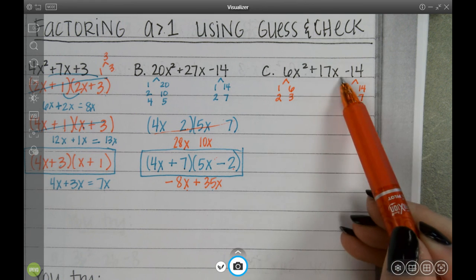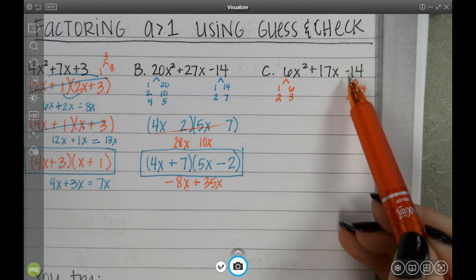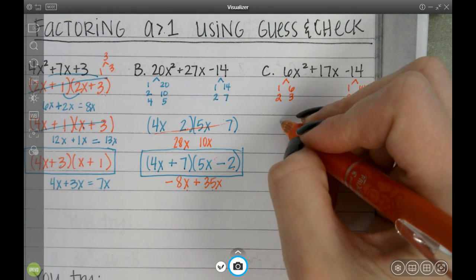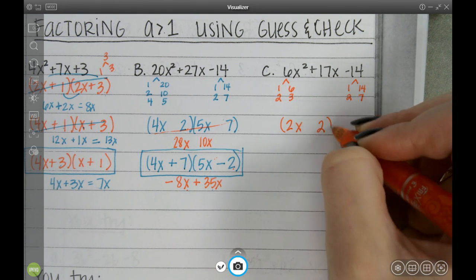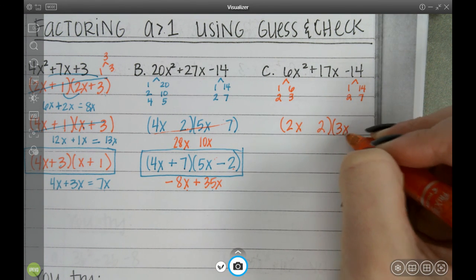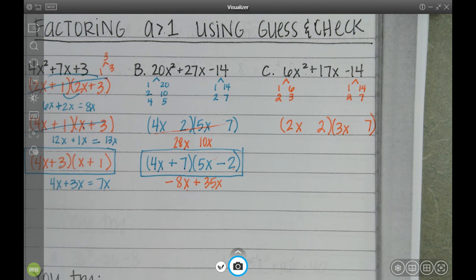Again, my signs are opposite here, and so I'm not really sure where they're going to go, so I'm going to wait and do the signs last. So I'm going to use 2x and 2, and 3x and 7. And I'm looking for a positive 17.